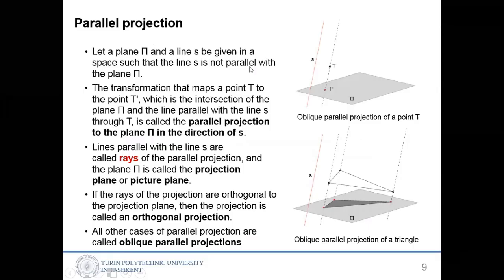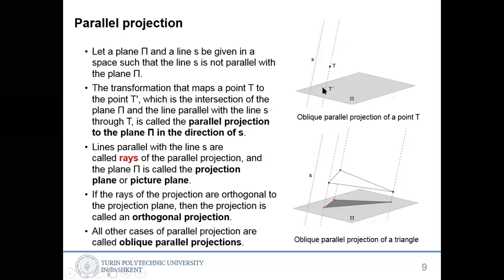The second way of projection is parallel projection. As we told you, in parallel projection the projecting rays are parallel to each other. For example, point T is given, and the ray S, the line S, is given, and we generate a parallel line to this ray.